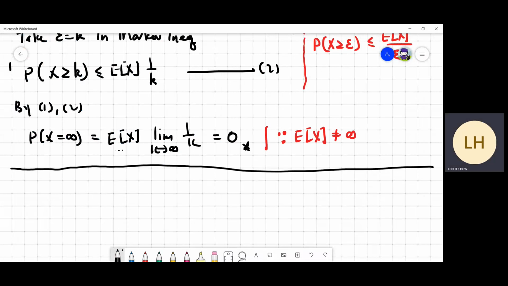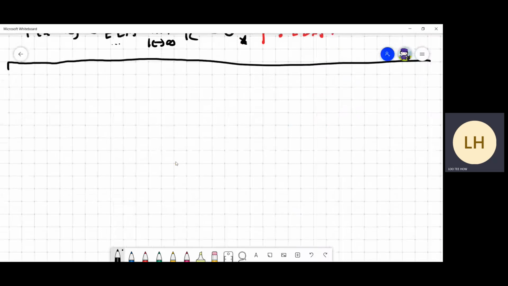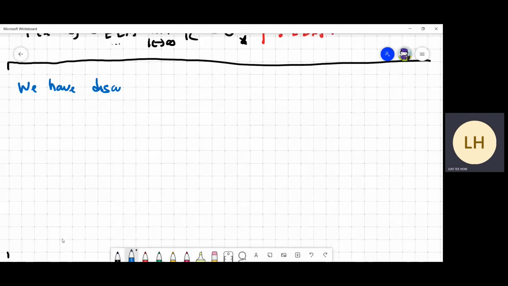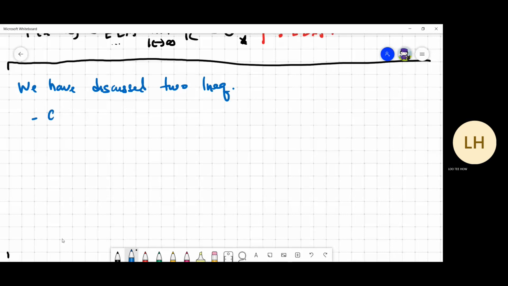So this is how we can solve these examples here. Okay, maybe just a summary. We have discussed two inequalities. The first one is the Chebyshev inequality.